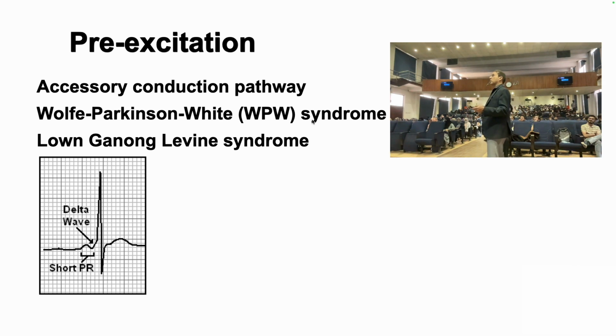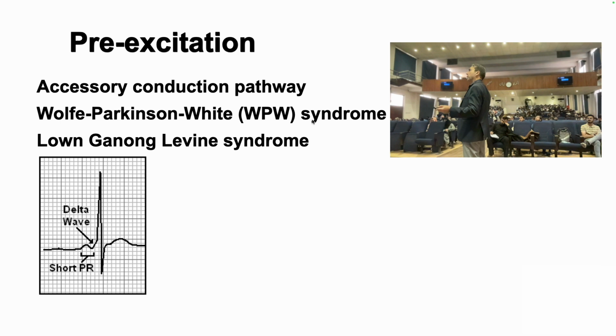So what's the characteristic of this accessory pathway? It's called pre-excitation. The PR interval is usually short, less than 3 small squares. If there is only a short PR interval and nothing else, it is called LGL, Lown-Ganong-Levine syndrome. You should know this.